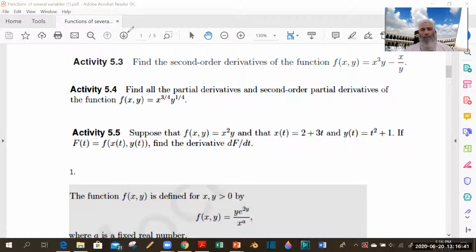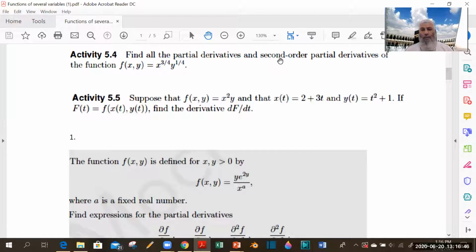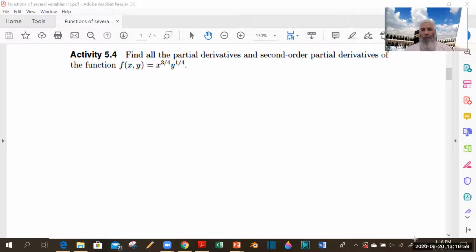Find all the partial derivatives and second order partial derivatives of this function: f of x and y equals x to the power 3 over 4 multiplied by y to the power 1 over 4.